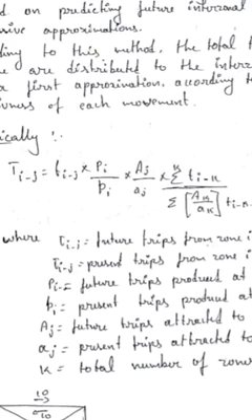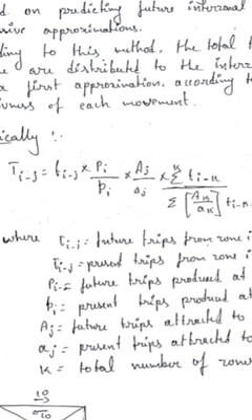So what is this small ti? Small ti is the future trips from zone i to zone j, where small tij is the present trips from zone i to zone j, where capital P is the future trips produced at zone i, small p is the present trips produced at zone i.